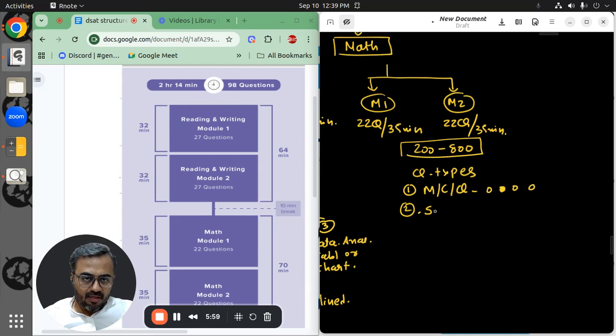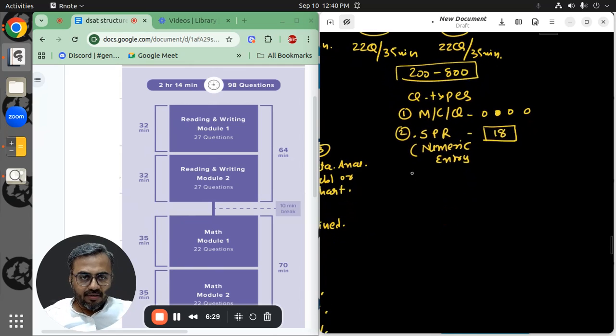Second is SPR, student produced response, which is basically a numeric entry question. So this question does not have any answer options. Whatever answer you have, you just need to type it into the grid below the question. So there are only two question types, and both will be there in each of these modules.